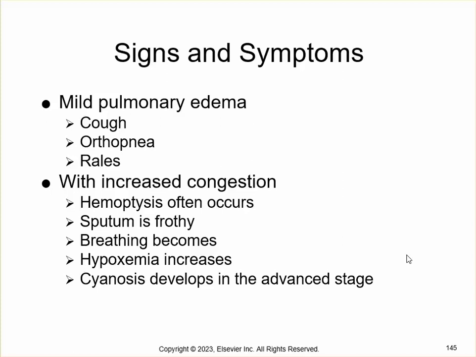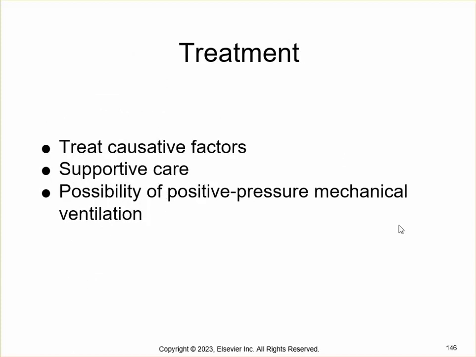There's going to be air in the sputum, right? But it's hypoxemia and cyanosis towards the end. So you have to figure out what causes it and treat that and try and eliminate the cause of it.